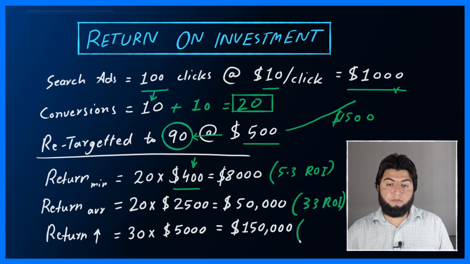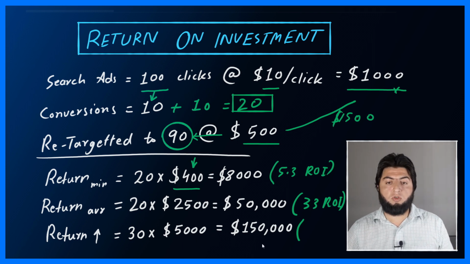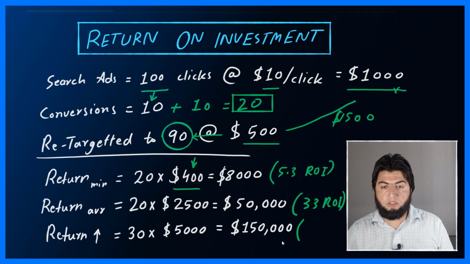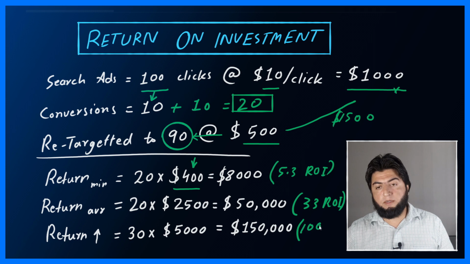And if you go further and let's say you converted 30 people, and those 30 people, through direct payment or referrals, gave you $5,000 each, then you got $150,000 in return. And that's like 100x return on investment.